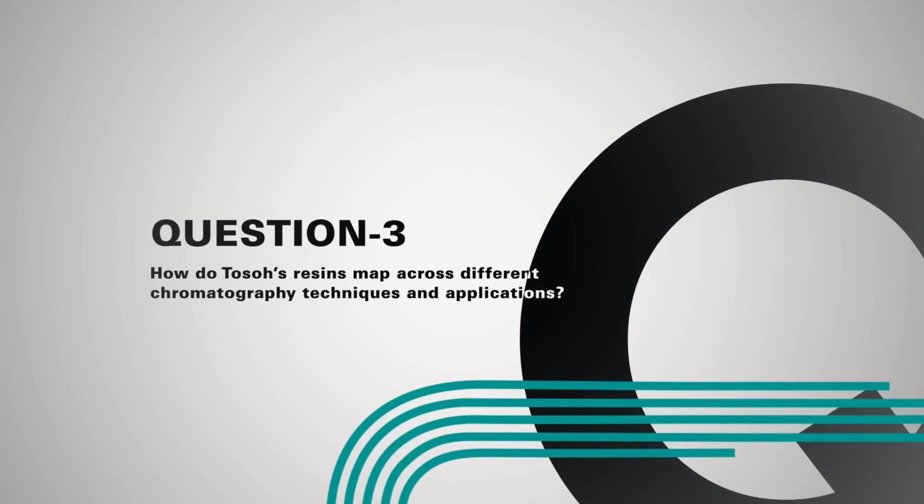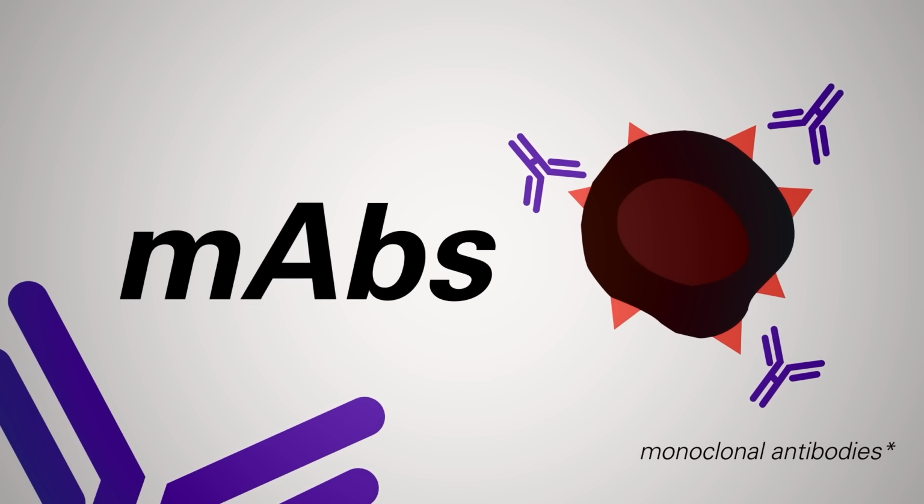As you know, this is a really expansive space that we work in, in biopharma and biotech. Can you explain a little bit about how the different resins fit into different applications, whether it's mAbs, oligonucleotides, things of that nature? Oh yes, absolutely. For example, for mAbs, the number one thing is the capture step. A mAb comes from a cell line, and of course the cell line expresses a lot of monoclonal antibodies.